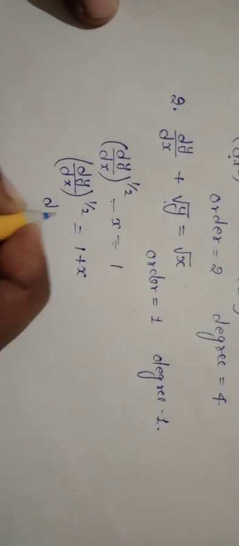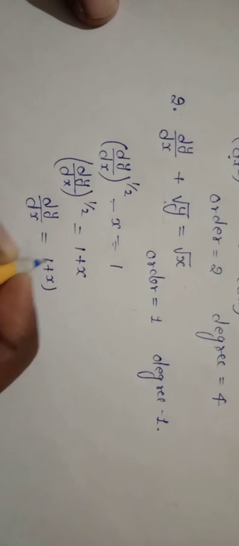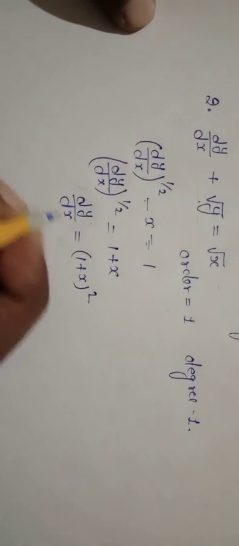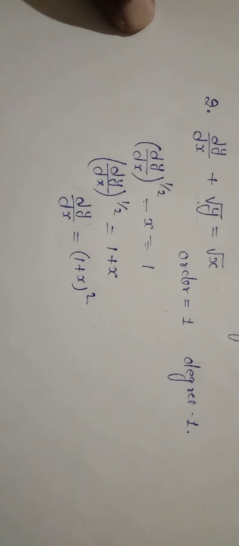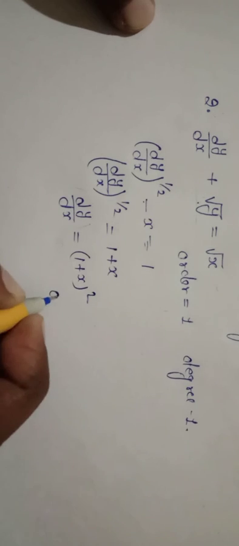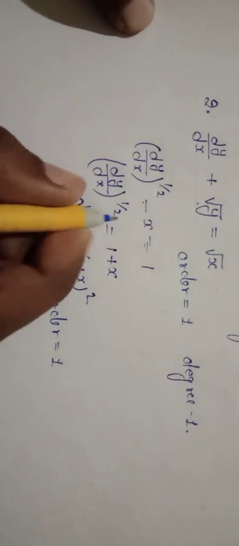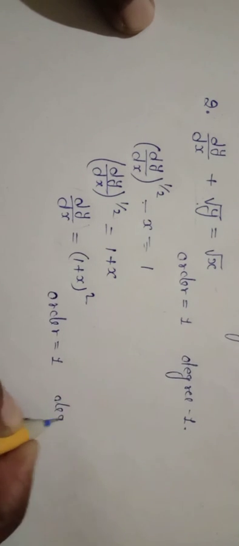So dy by dx is equal to 1 plus x whole square. Now you can see that the order of this differential equation is 1 because the highest order derivative is of order 1. So order is equal to 1. Now you can see the radicals is removed from here. So now the degree is equal to 1.